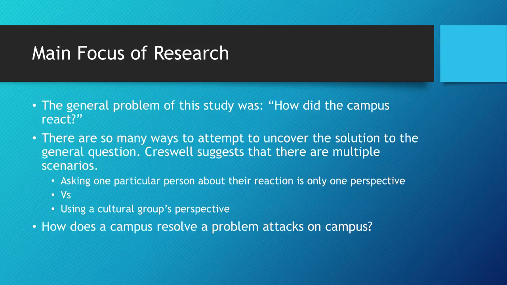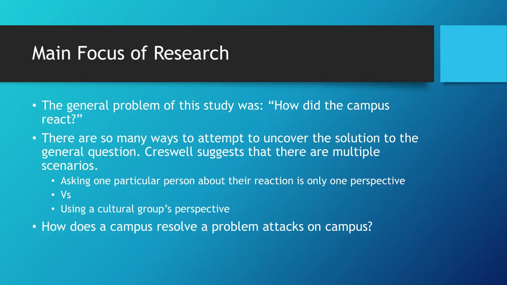Creswell basically brings about this main idea that we need to focus on, which is how did the campus react? There's so many questions and so many different ways to uncover that immediate question. For instance, Creswell suggests that one person could actually be interviewed, and the only fault with that, though, is that it's only one perspective.